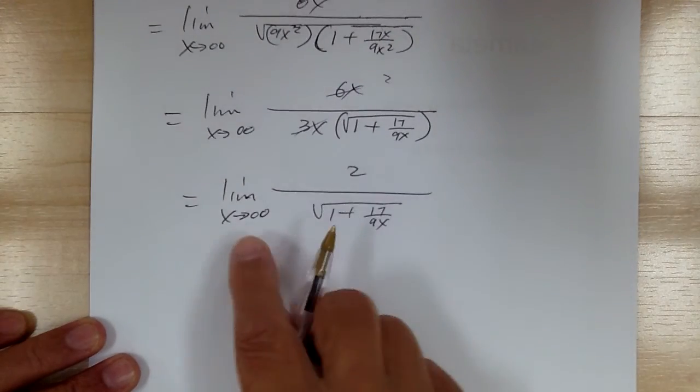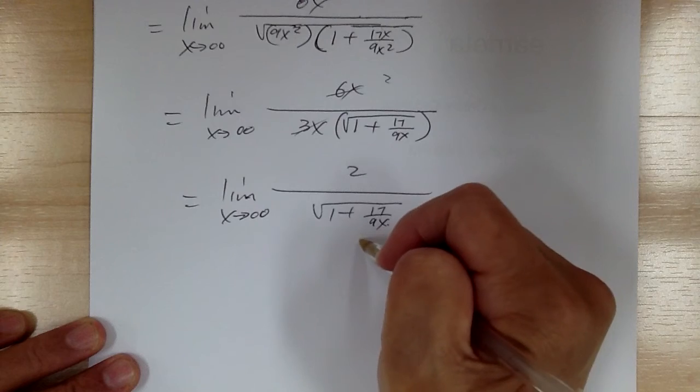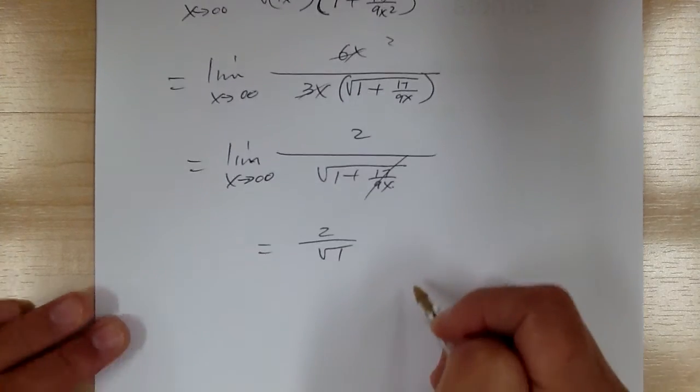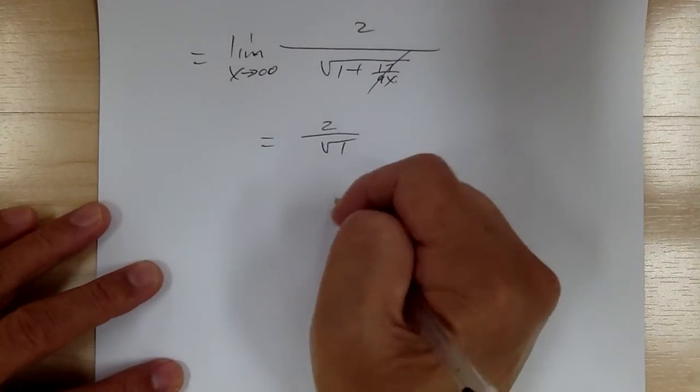So this one comes out as 3x, and the x cancels. Now you can cancel, so you get 2 over the square root of 1 plus 17 over 9x. Now you can substitute. When x approaches infinity, this is going to become 0. So you're going to get 2 over the square root of 1, and therefore the answer is equal to 2.